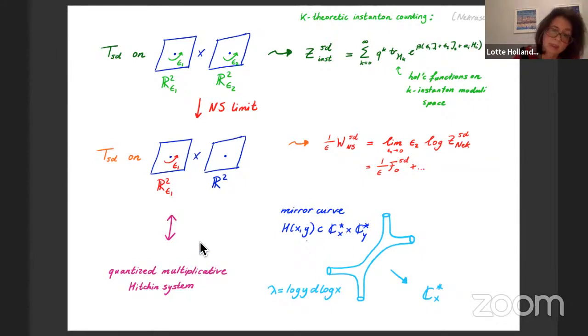The theory in this limit has a dual interpretation again as a quantized Hitchin system. This time it's a quantized multiplicative Hitchin system, where the spectral curve is this mirror curve defined by h, which now defines a ramified covering over C*.